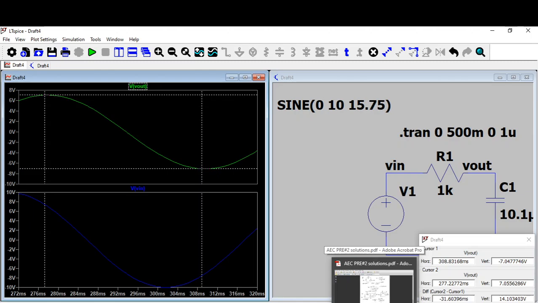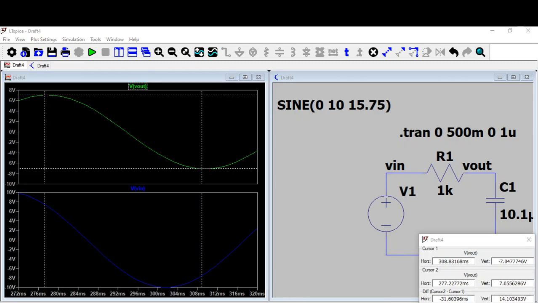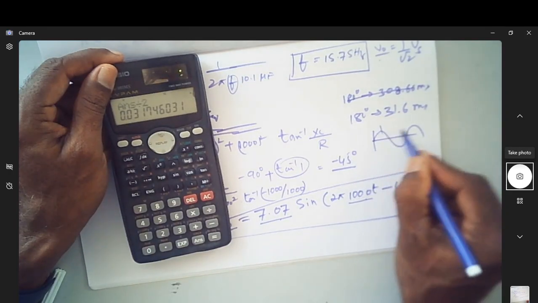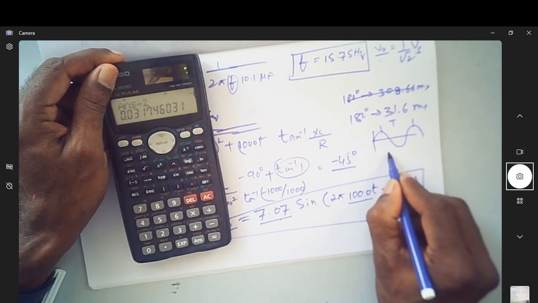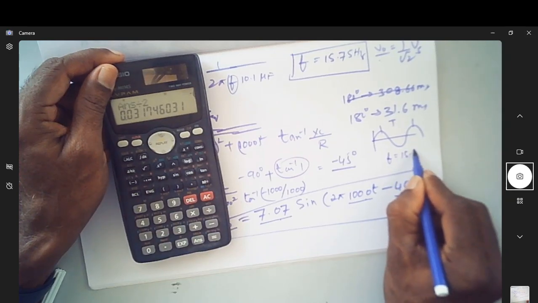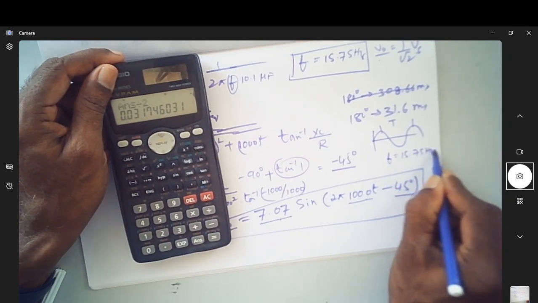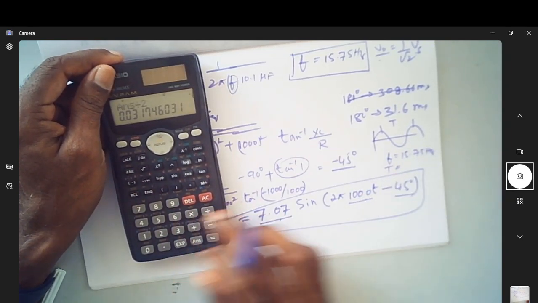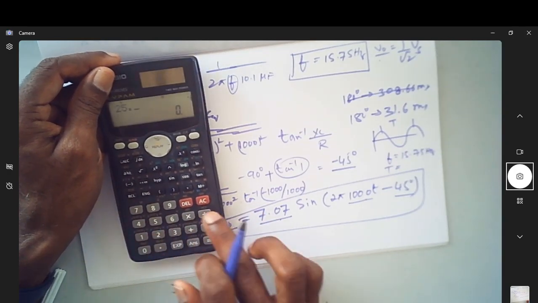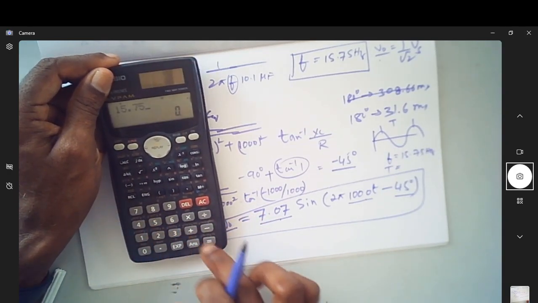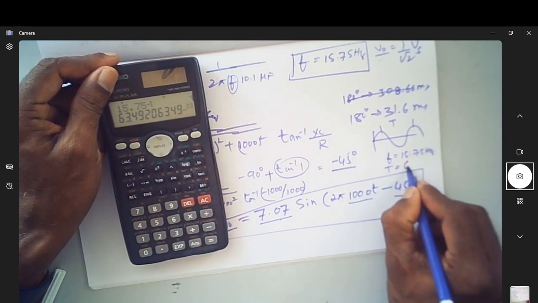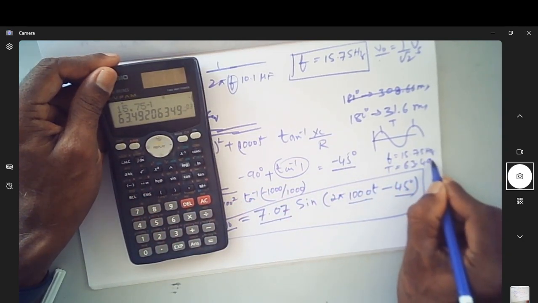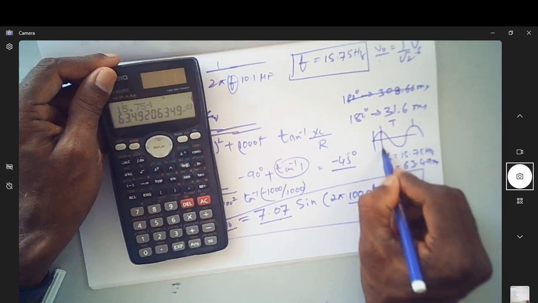Let me just tell you. From this peak to this peak, it is 1 cycle. This is the total time period. Since the frequency is 15.75 hertz, the time period is 1 over 15.75, which in terms of millisecond is 63.49 millisecond from here to here.